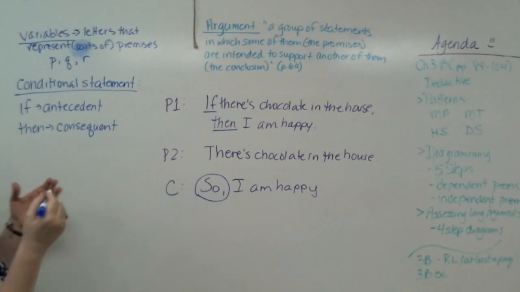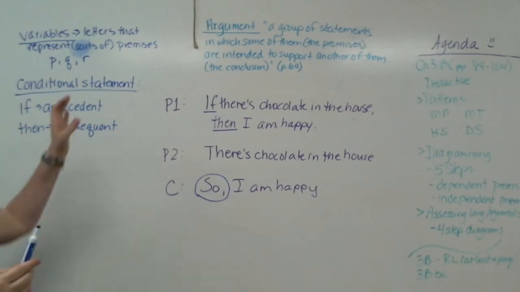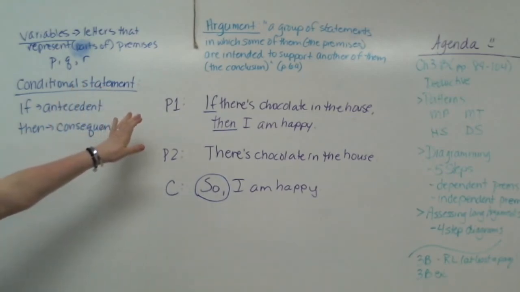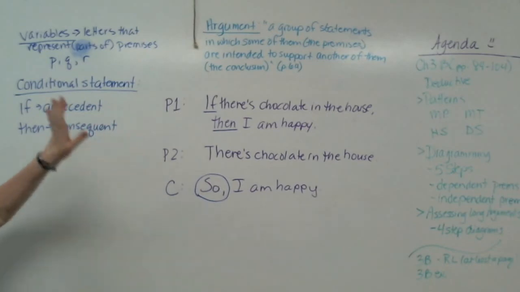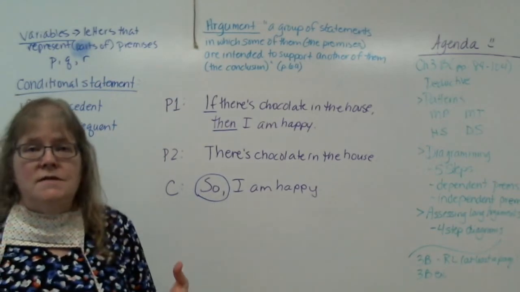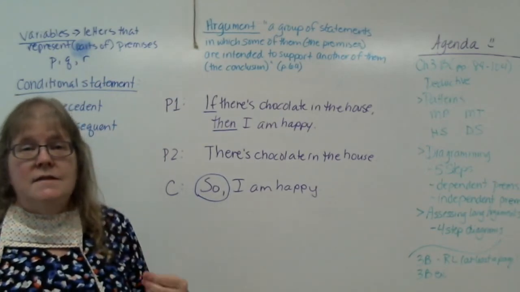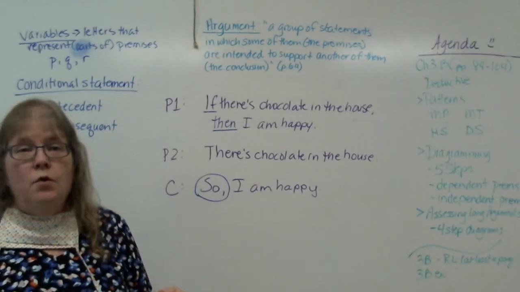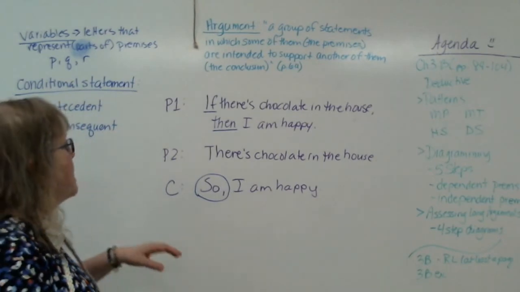What happens as a result of? If there's chocolate in the house, I am happy. That's my if-then, that's my conditional. In logic we use conditionals all the time. Some arguments are made up totally of conditionals. We'll get to those in a minute.